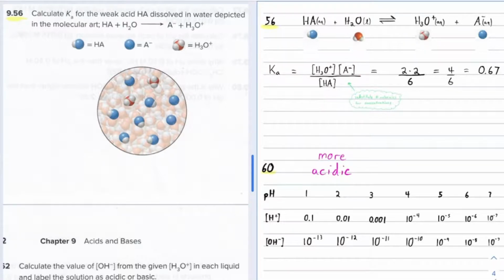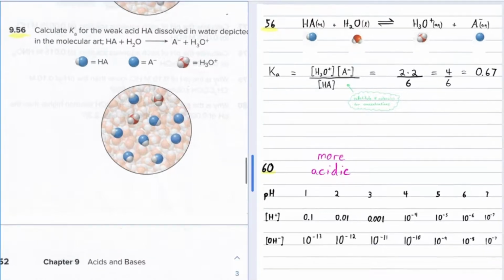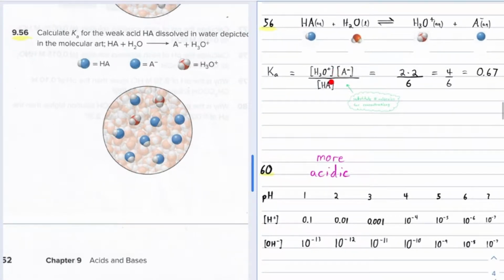Now if we knew what the concentrations are, what these molarities are at equilibrium, then we could plug them in and calculate Ka. But all we have is a picture. So what we're going to do is substitute for the molarities the numbers of molecules that we see.